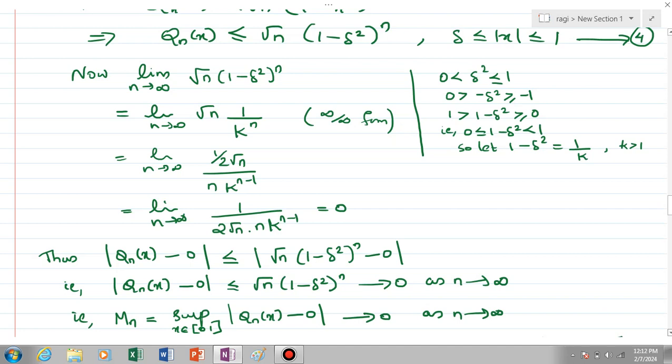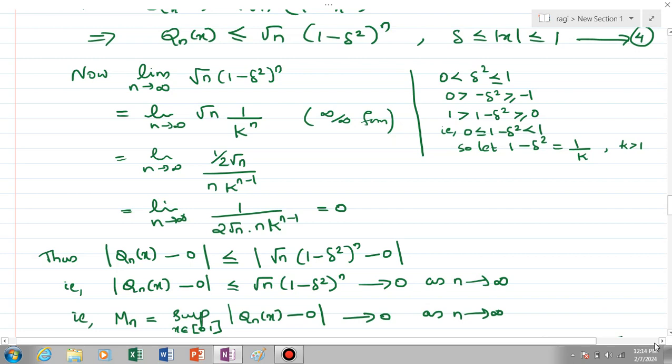Letting Mn be the supremum value over all x in the closed interval 0 1, we can see that modulus of Qn of x minus 0 tends to 0 as n tends to infinity.